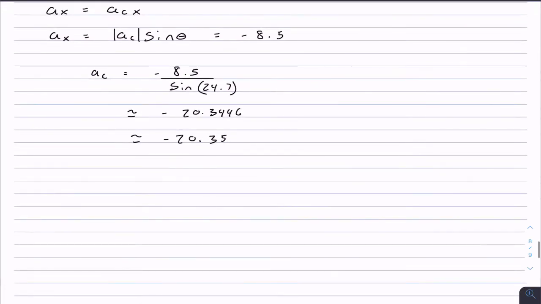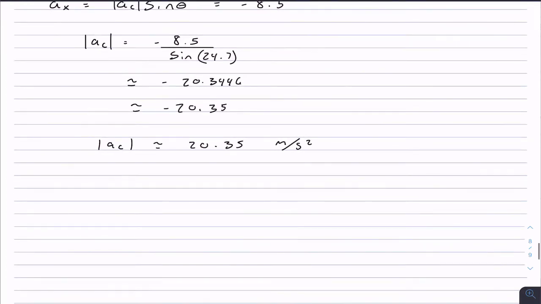Or you could say 20.4, but this is fine. Remember that we're looking for the magnitude of the radial acceleration, which is the centripetal acceleration. So this means that we have 20.35 meters per second squared. That's the magnitude of the radial acceleration at this point.